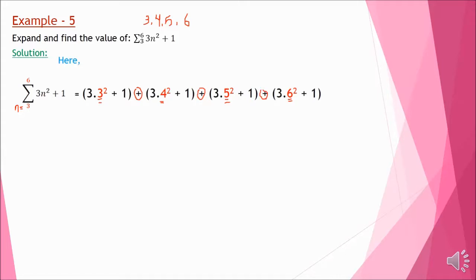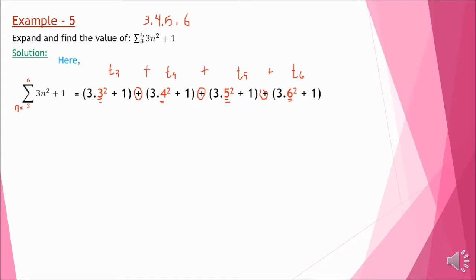This actually is the third term, T3. This is T4, this is T5, and this is T6, isn't it? Now all these are added. We have to add the values of T3, T4, T5 and T6.